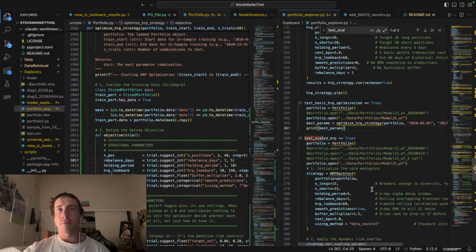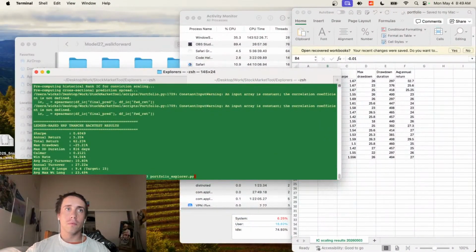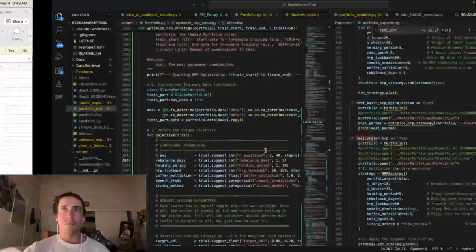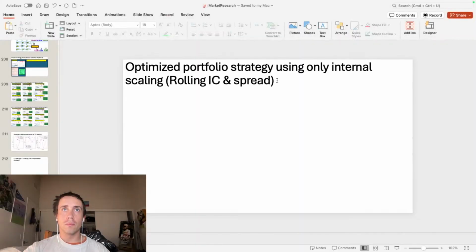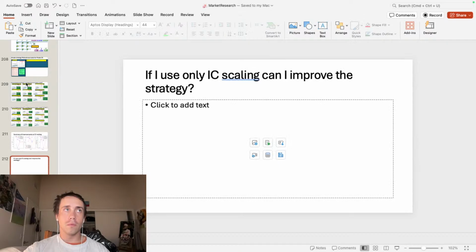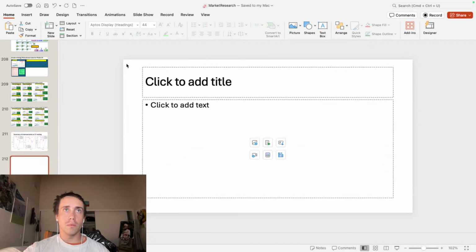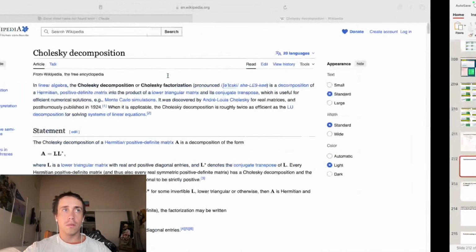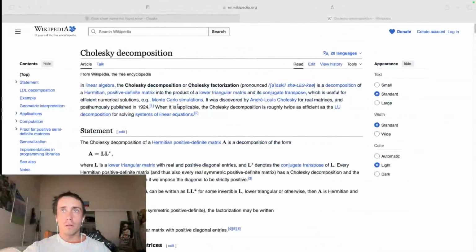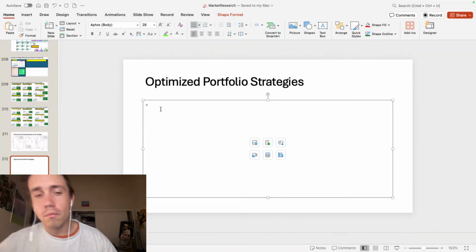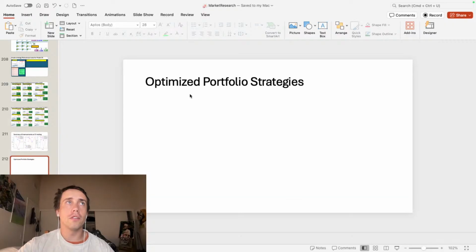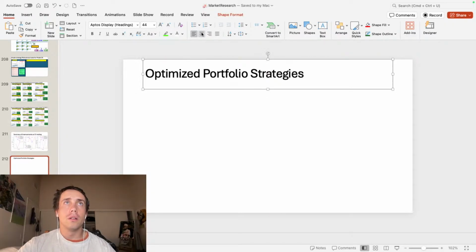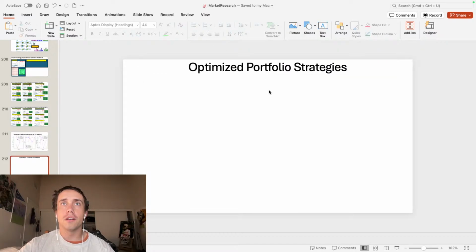Then we can print best params. Okay, so the first one we're going to do is optimized for 2016 through 2017.